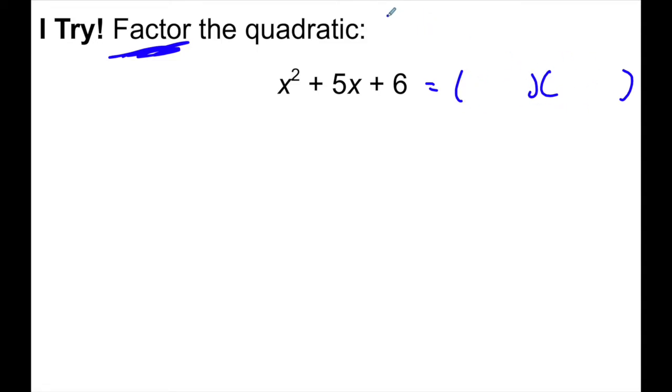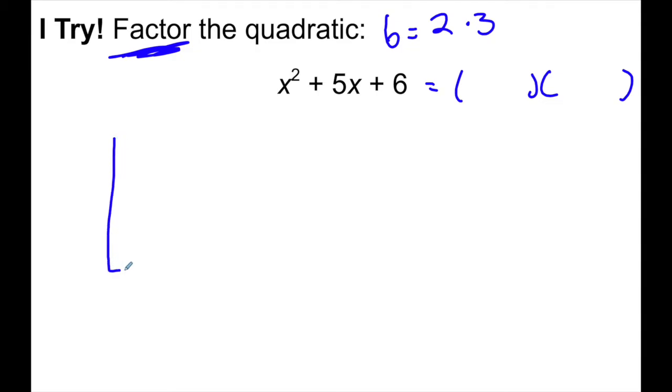Just like how I could break down, for example, 6 into 2 times 3. 2 times 3 are our factors of 6, because when you multiply them, you get 6. And also, these will be factors of this polynomial, because when you multiply them together, you get that polynomial. So just like numbers have factors, so do quadratics, which is a pretty cool thing.